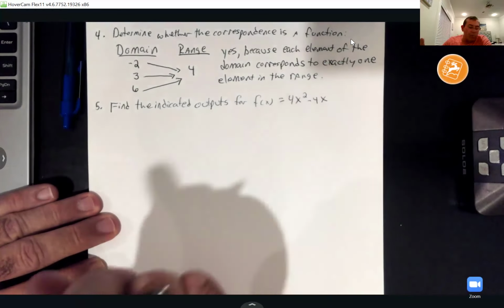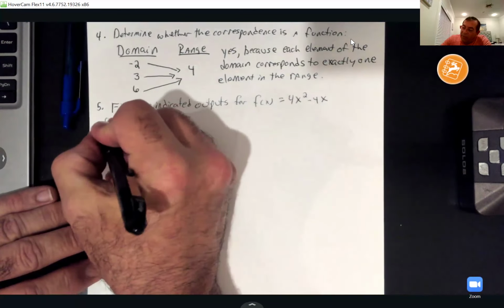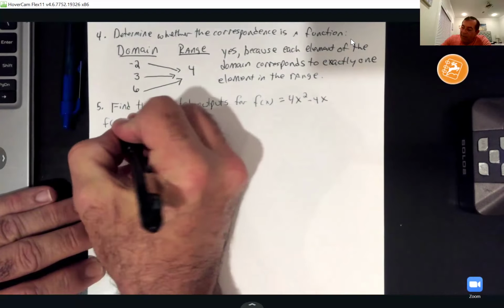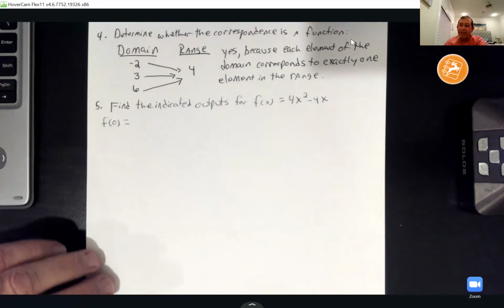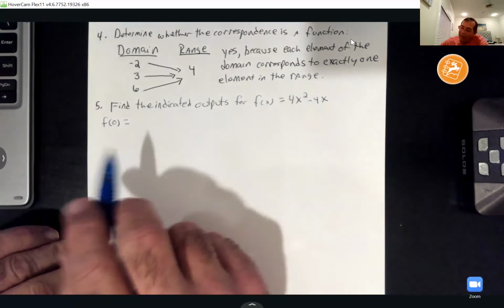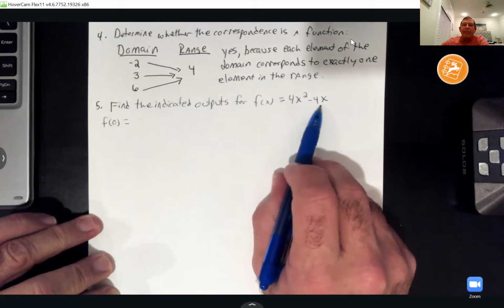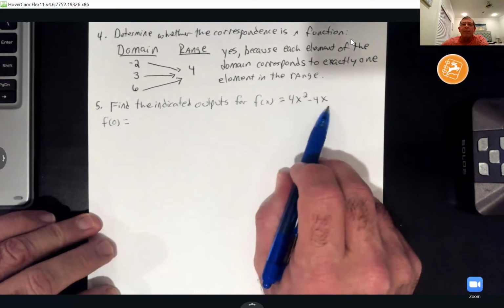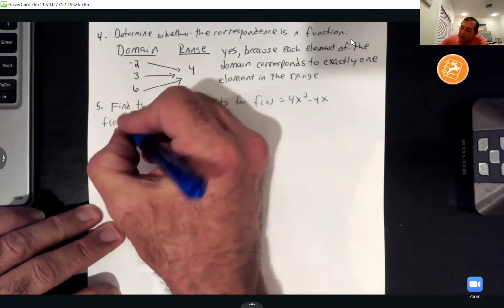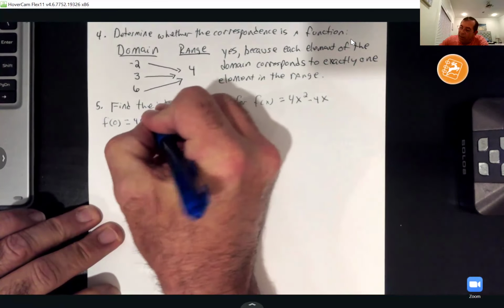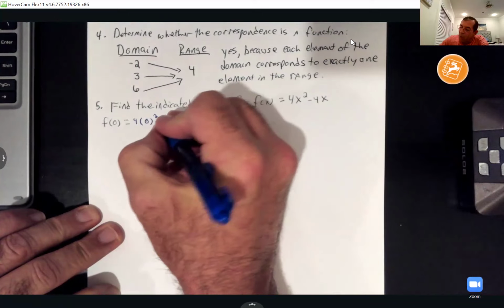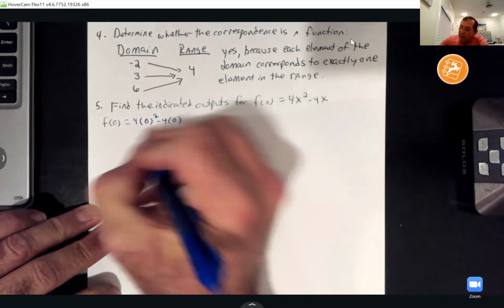Now, the first one they wanted me to start with was find f of 0. I want to change pens, change my color to blue here. So f of 0 wants me to take this little expression, put a 0 in for both of these x's. So that'll be 4 times 0 squared minus 4 times 0.